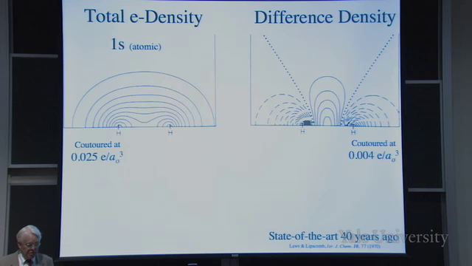You square it and you get the density, and that's the density contoured at 0.025 electrons per cubic A0, the unit of distance. Now on the right is the difference density. From that thing on the left, we've subtracted the atomic electron densities, and you see exactly what you expect. It builds up in the middle where there's overlap, and at the expense of the atoms.